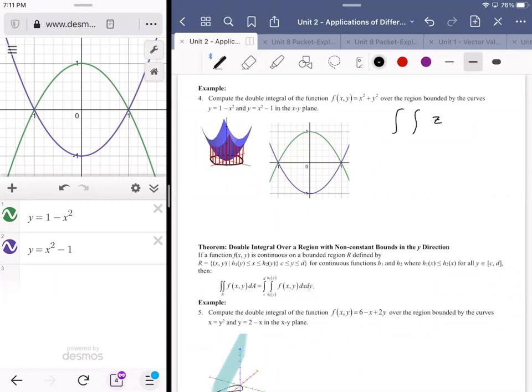Z is variable, so it's not going to be as clean as a parallel plane, but it's still going to be Z, right? Our concern is whether it's going to be a dx dy or a dy dx. So in the absence of a better idea, I'll just say dx dy. What that would mean is that we'd have to focus on the x bounds first.